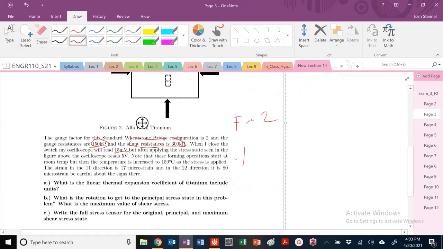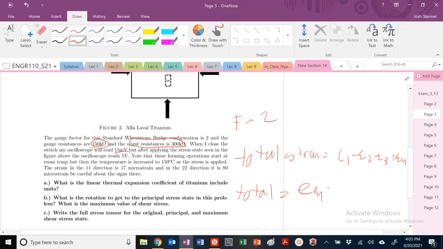So our total strain, which equals epsilon 1 minus epsilon 2 minus epsilon 3 plus epsilon 4, is also equal to our equivalent strain times 5 divided by 15 times 10 to the minus 3. So that's a huge strain.